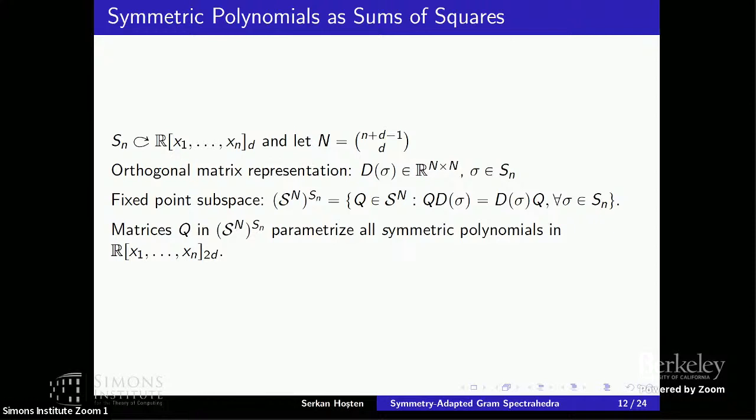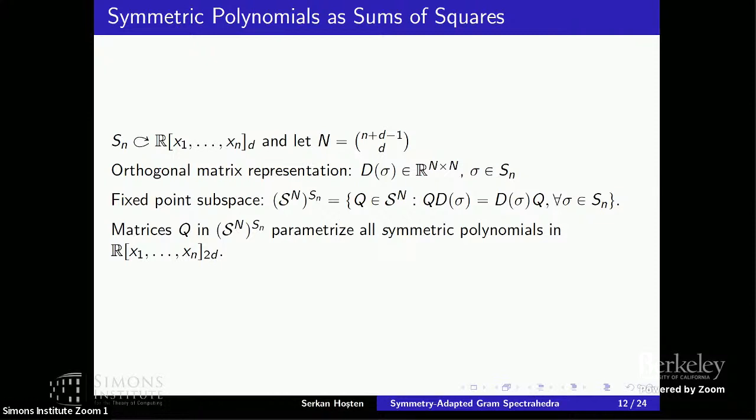That's the natural action. That is a vector space of dimension capital N, the binomial coefficient n plus d minus 1 choose d. Imagine you have an orthogonal representation for this action of your symmetric group.